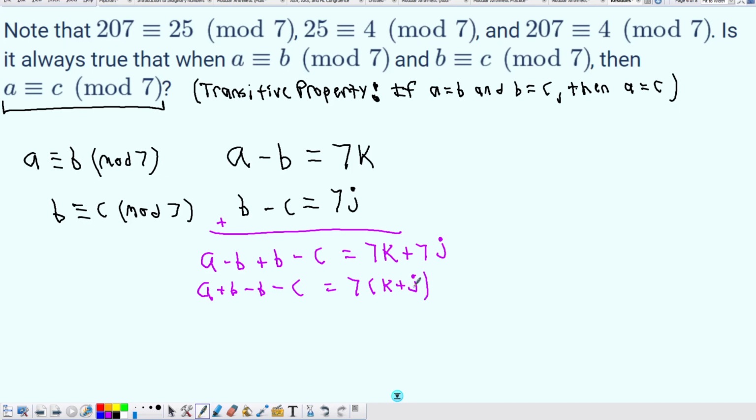And I'll explain why I did that in a second. But now what I can easily determine, alright, b minus b cancels out. These two become a 0 and cancel each other out. So what I am left with is that a minus c is equal to 7 times k plus j.